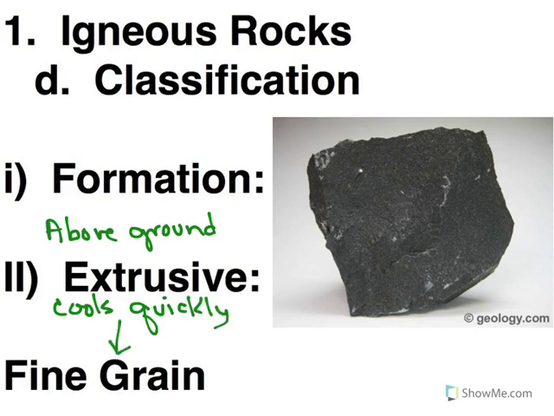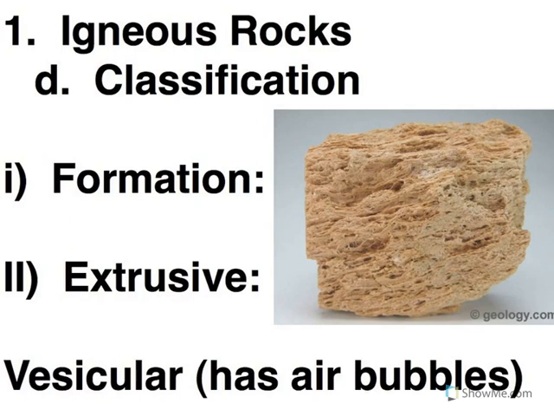Well, just like intrusive, we have different versions of extrusive rock beyond just a generic extrusive. You can get air bubbles, and if that's the case, then you get what's called a vesicular extrusive igneous rock.